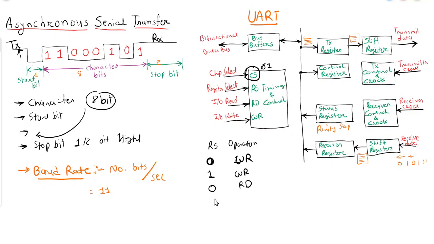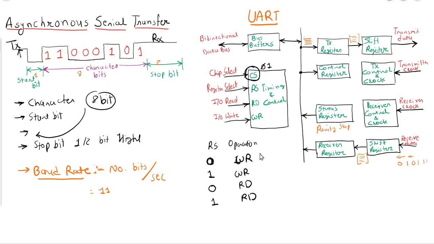Then next is 1 and read. At that time the status register will be selected. Whenever the CPU wants to know the status of a device, it will issue this command, meaning the value of RS will be 1 and IO read will be 1. By enabling both pins, it will know the status of the IO device.